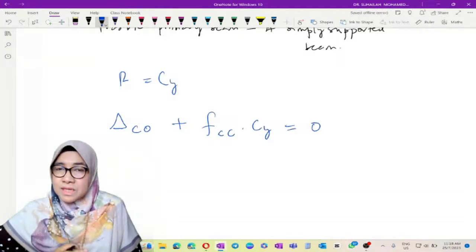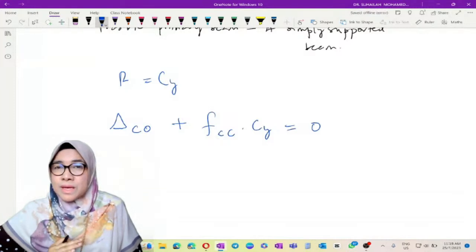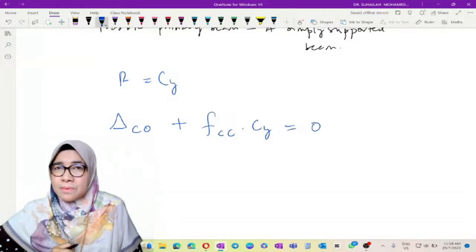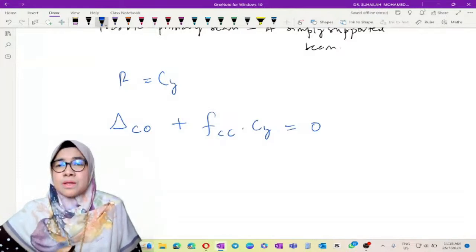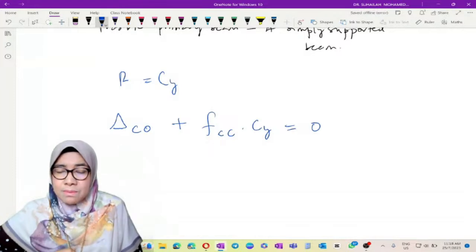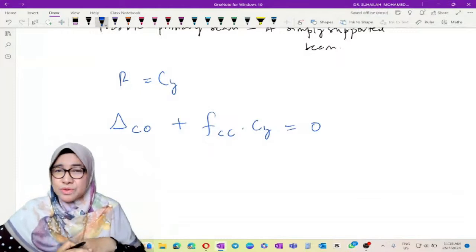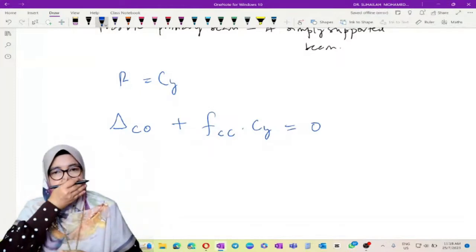If the vertical force is the redundant, we have to look at the delta at the redundant position, which means at C. We will have the primary beam, we will also have the redundant beam, and the combination of the redundant beam and the primary beam will produce the actual beam.